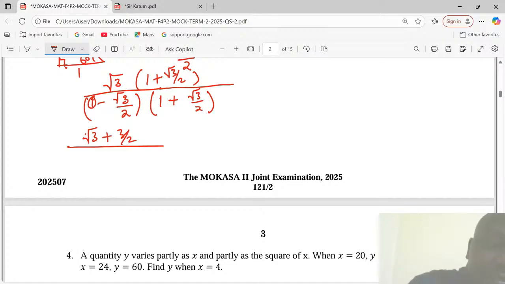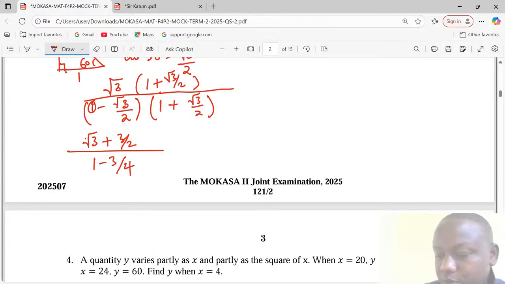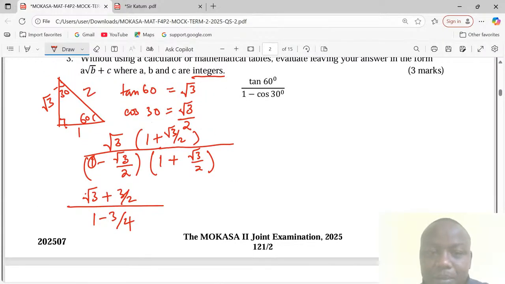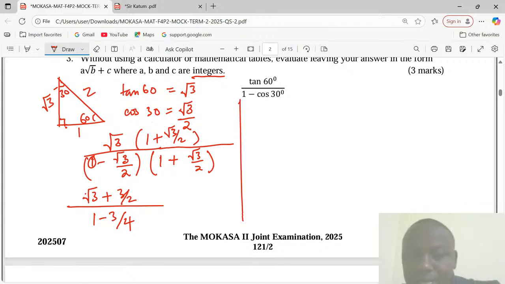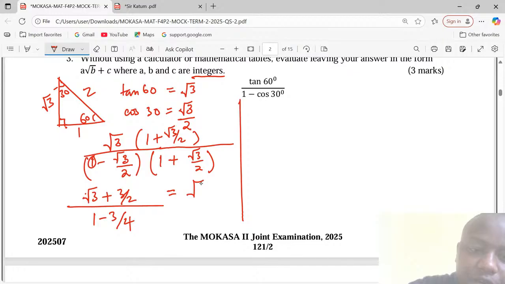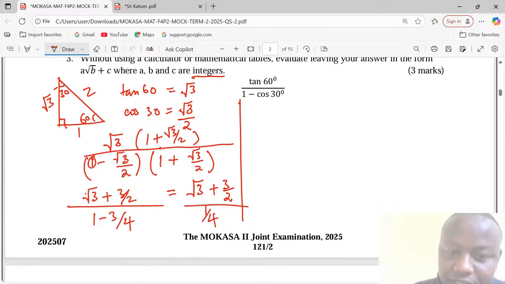So I'm having 1 minus 3 quarters. With this information, we can proceed to submit the answer. So this is going to be the root of 3 plus 3 over 2, then everything over a quarter.